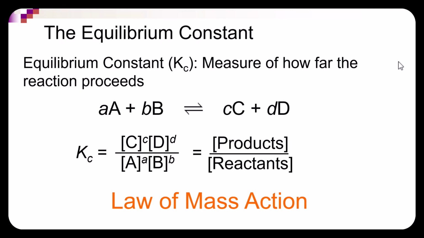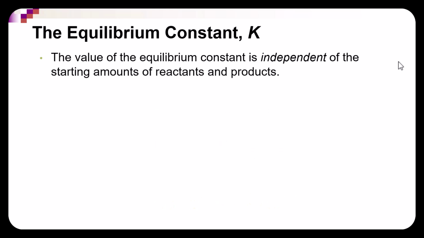Okay, so let's get to know K a little bit better. The value of the equilibrium constant is independent of the starting amounts of reactants and products. And this is actually something we're going to prove to ourselves in the lab when we do the equilibrium lab. So it doesn't matter if we start with 0 products, all reactants.